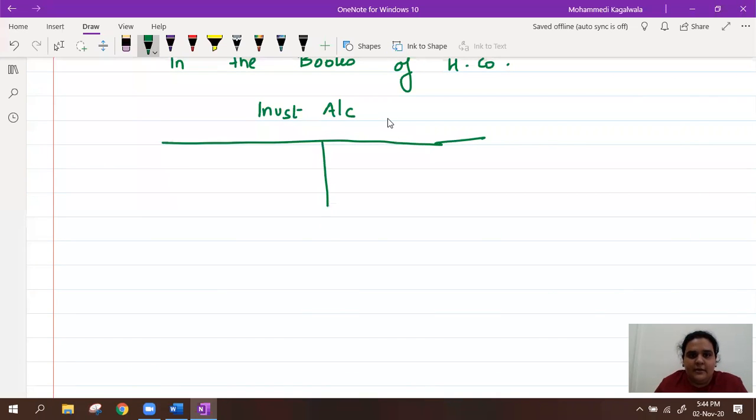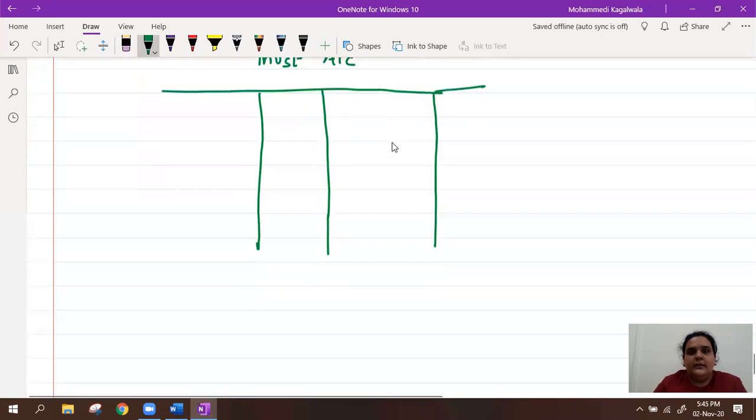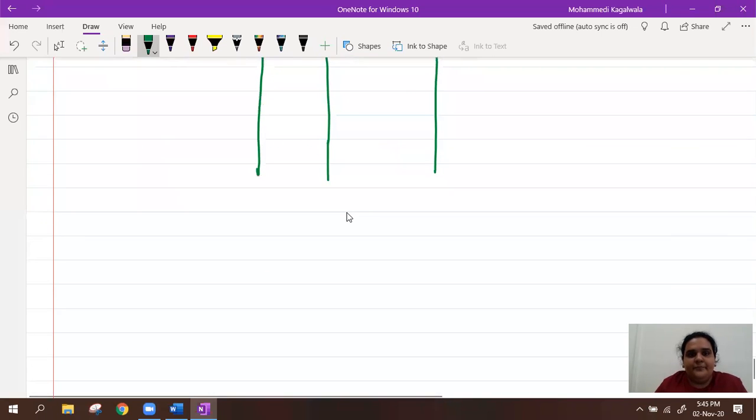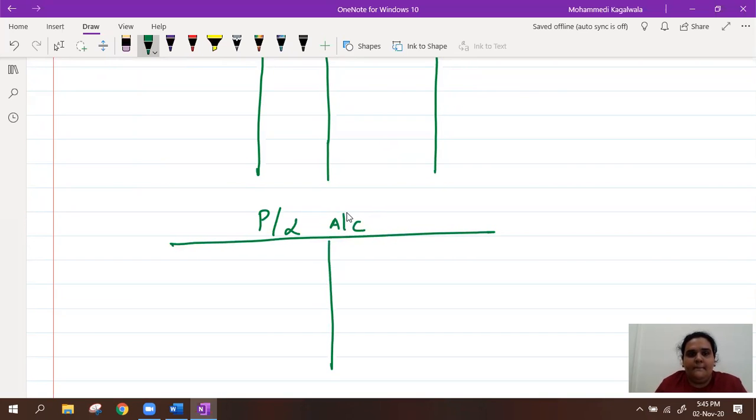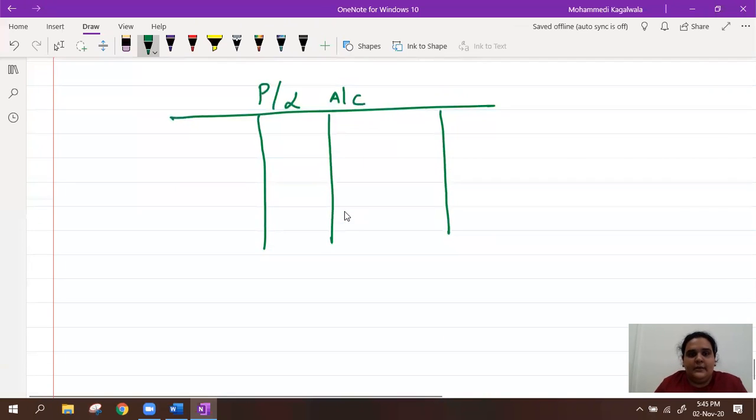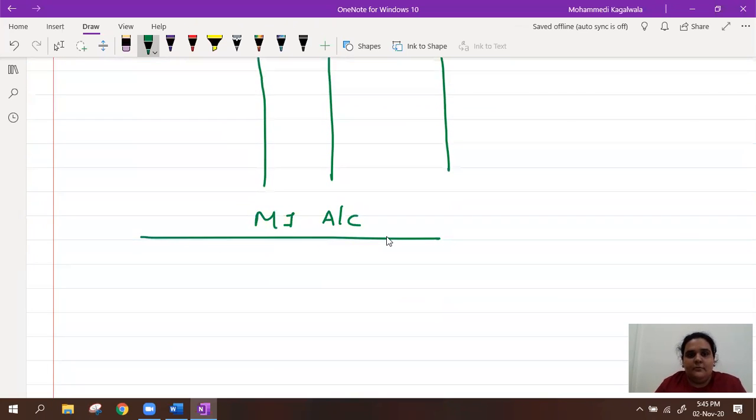You can just make it in rough only, since you all don't have to solve. Investment account, then you will make one P&L account, and one minority interest account.